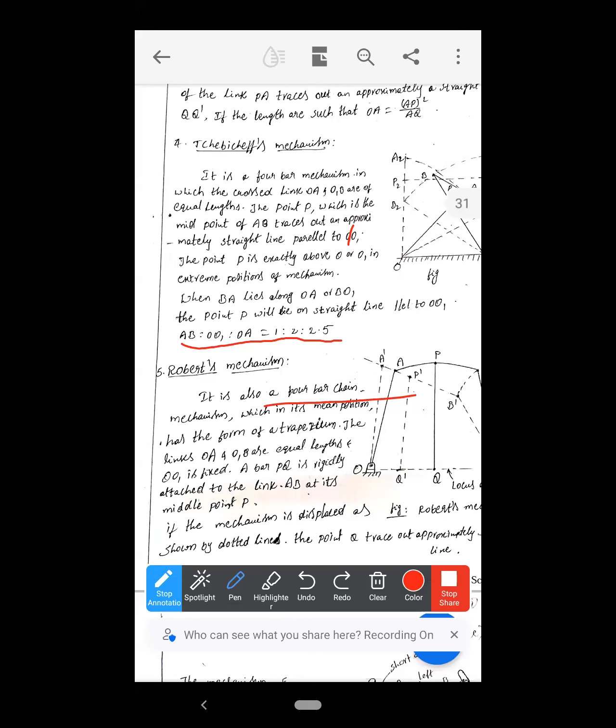AB is 1 unit, O1 is 2 units, and OA is 2.5 units. That means if the AB length is 1 meter, O1 is taken as 2 meters and OA is taken as 2.5 meters. When we maintain the particular link lengths, only then is it possible to achieve exact straight line motion.